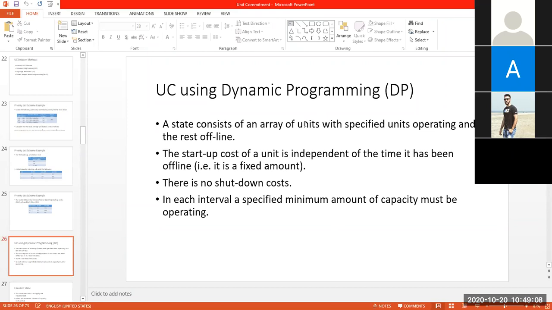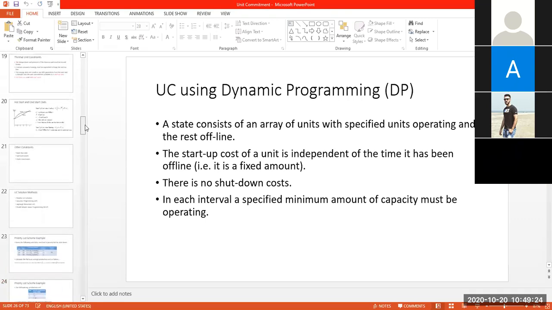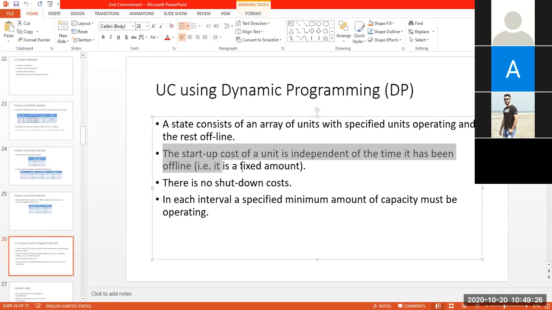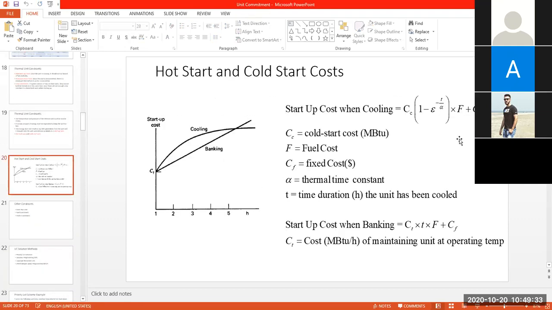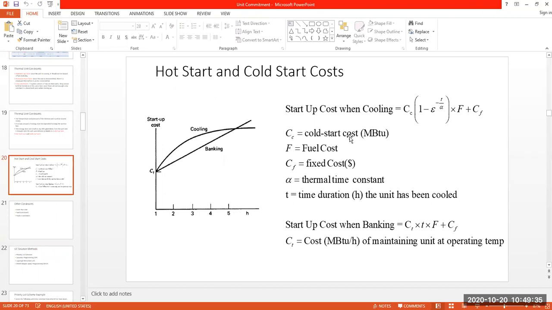In this example, which is going to follow very soon, we are considering that the startup cost of a unit is independent of the time it has been offline. As you saw earlier, in slide number 20, we discussed the mathematical formulation for the hot start cost and the cold start cost.